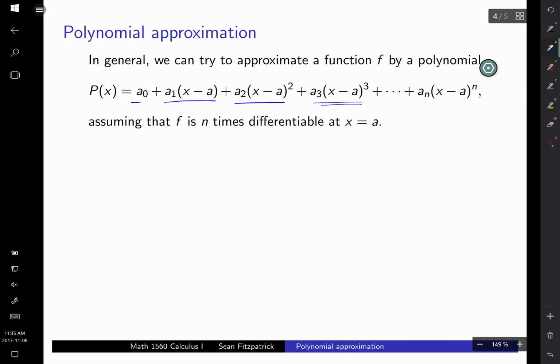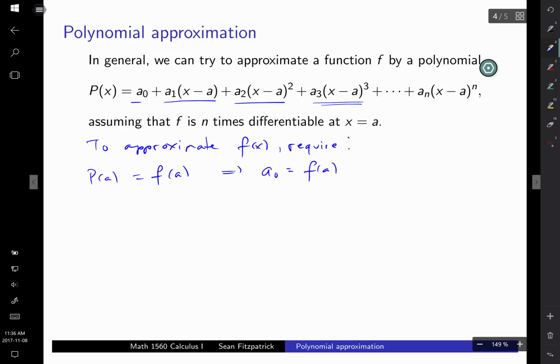And again, if we want to approximate our function f of x, what do we require? Well, we're going to require that p of a has to equal f of a, and that tells me that a0 has to be f of a.